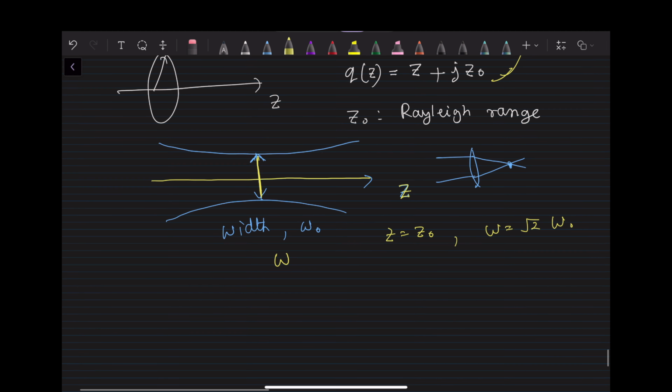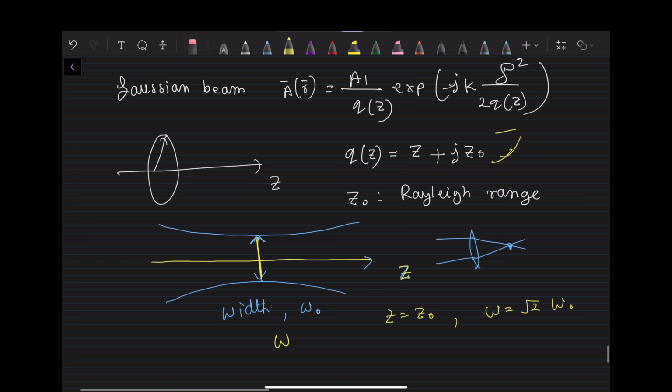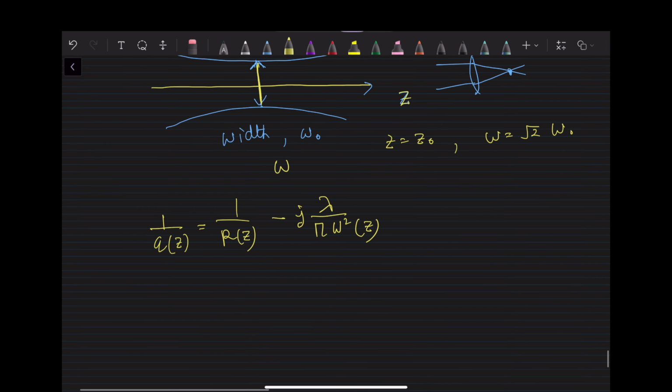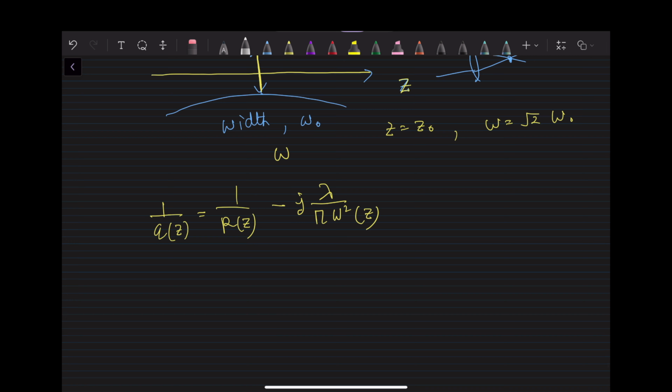So we have this 1 by q term. I can write the 1 by q term as two terms.